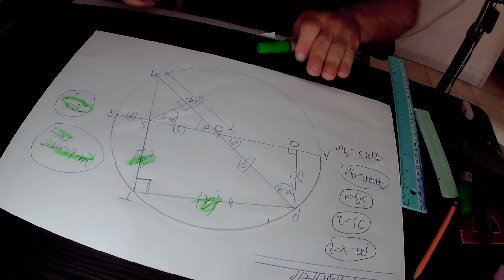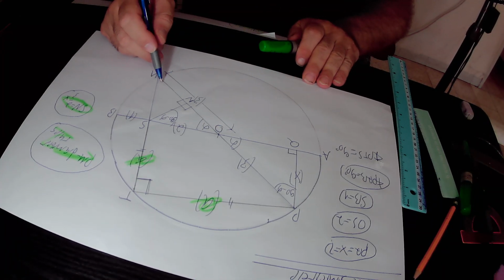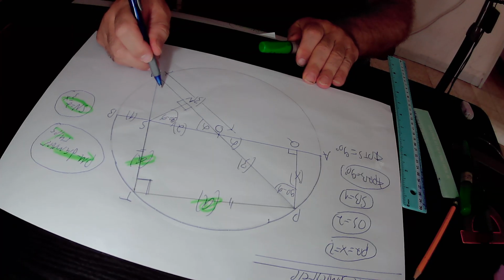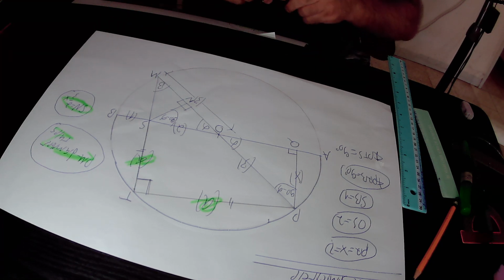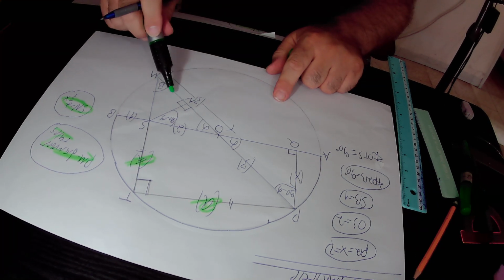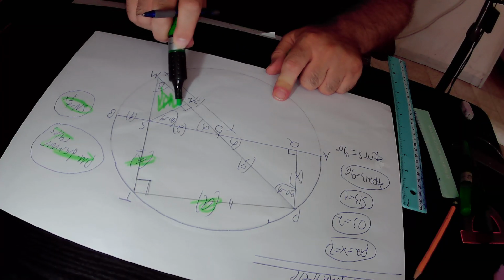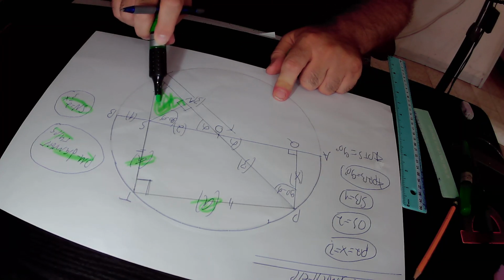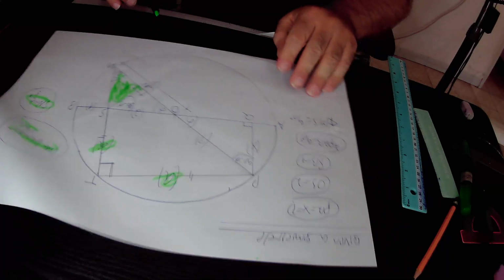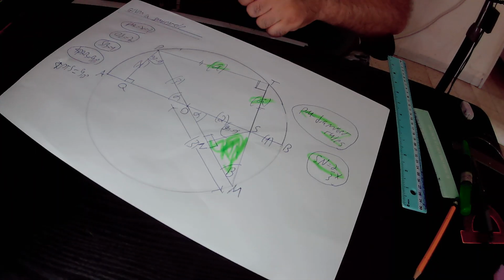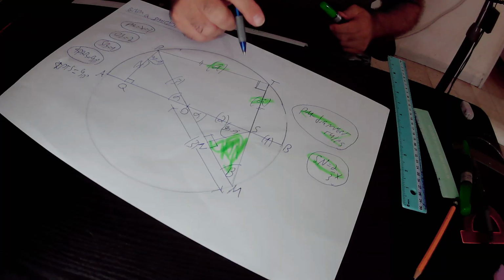In the next step, we define the size of this angle as beta, and we'll focus on the small green right triangle SNM.